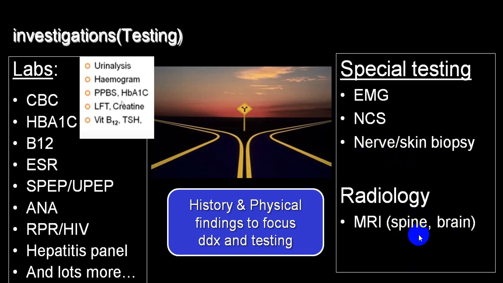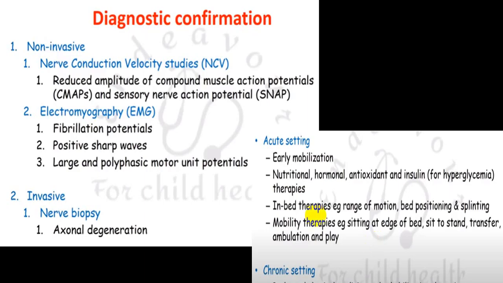MRI of the spine and brain is required when you suspect central nervous system or spinal cord involvement in combination with neuropathy. So non-invasive techniques, nerve conduction study and EMG, are very important, and nerve biopsy is not commonly required. It is mainly required to find out whether it is axonal degeneration or a demyelinating disorder.